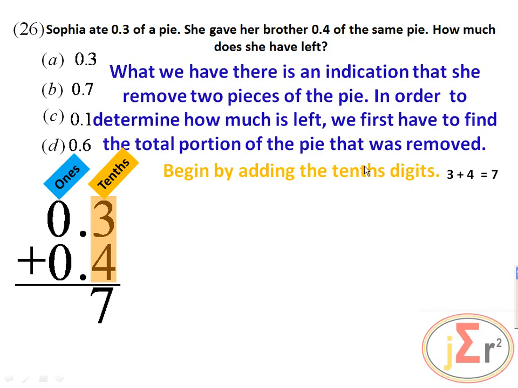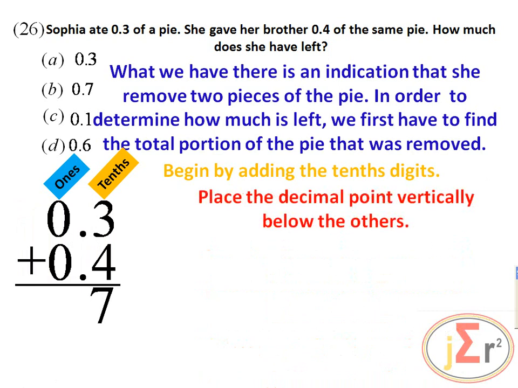But before we add these, what do we do? Put in the decimal point. So we'll put the decimal point in its rightful place. Place the decimal point vertically below the others. And what do we do next?